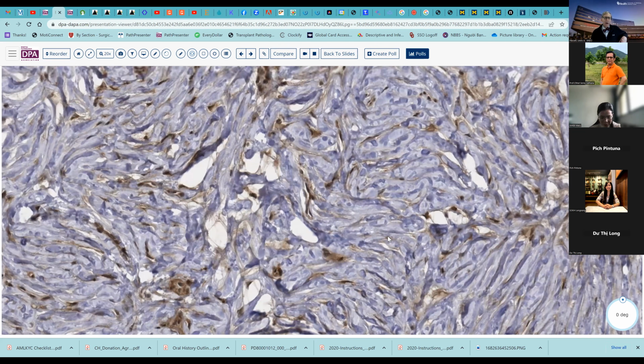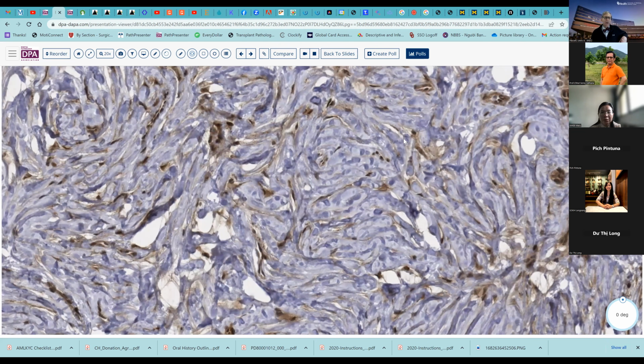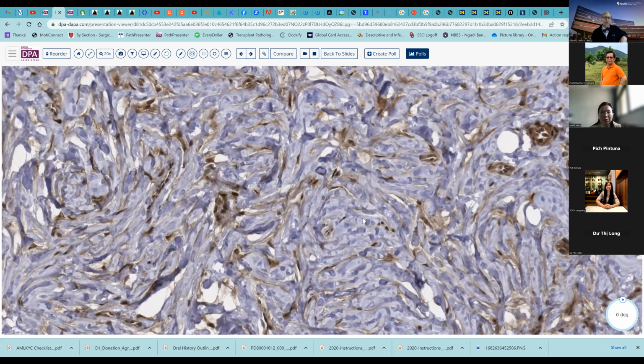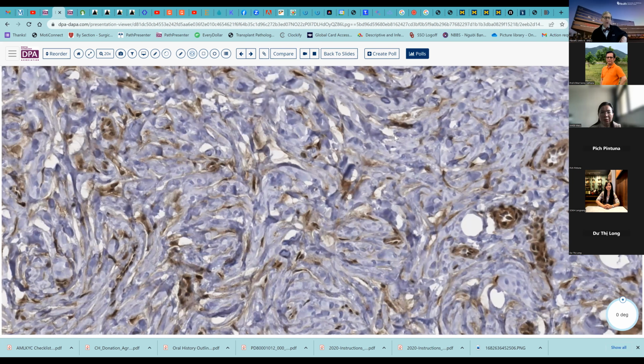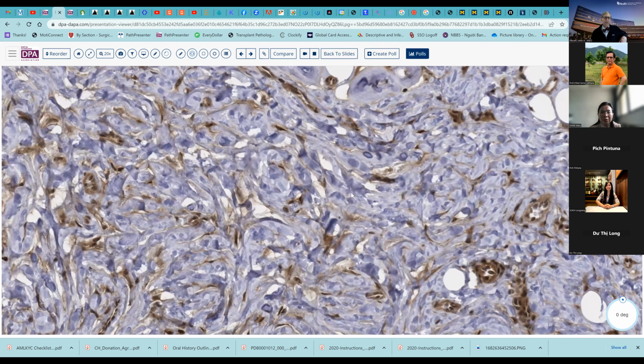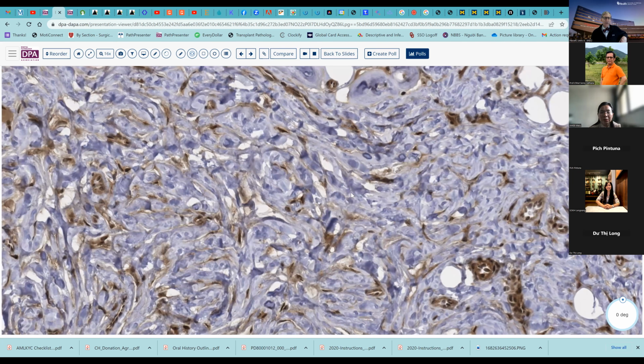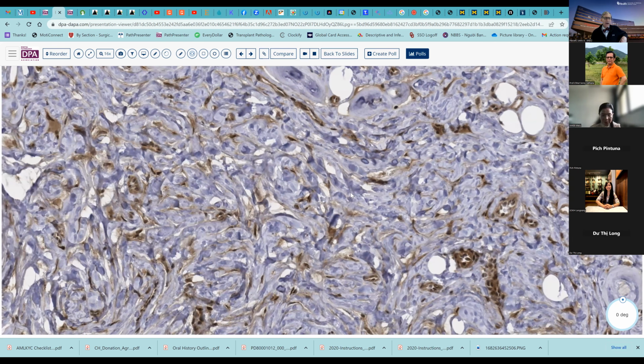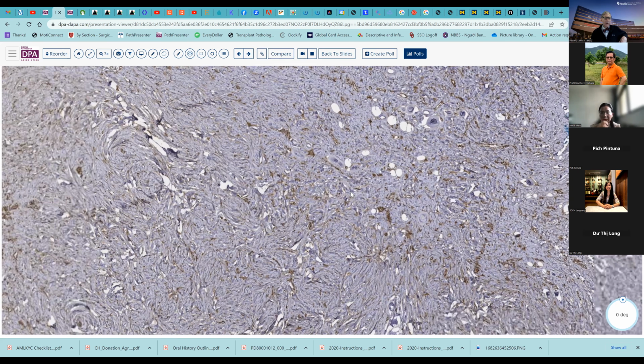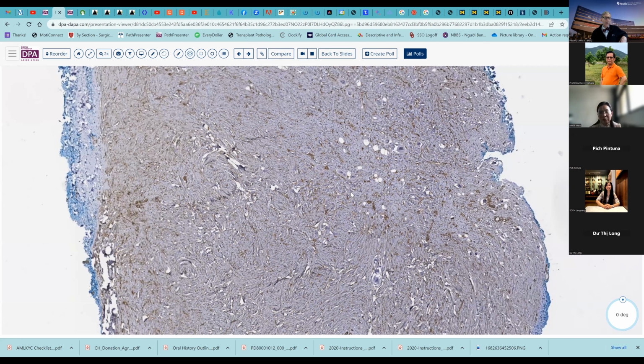So the vessels can be positive, but your collagen-producing fibroblasts here should all be negative in the situation where you have PTEN loss. And so this is a nice reference example of what the PTEN would look like.